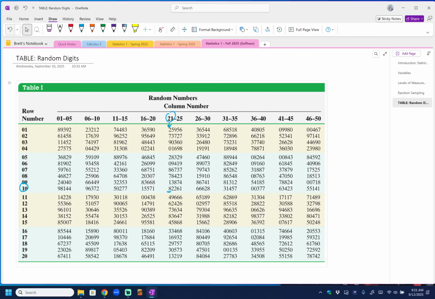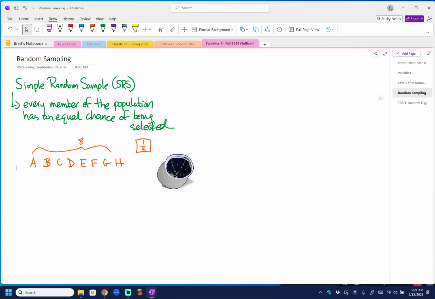Okay, so let's see how we can use this table in order to make a random selection. So let's write this out here. What is the SRS process? Say that several times fast. Well, SRS process, there's two main things here. First, you want to number your population.